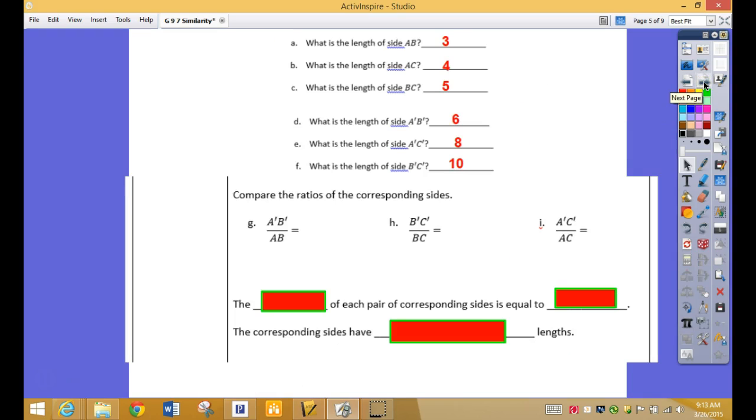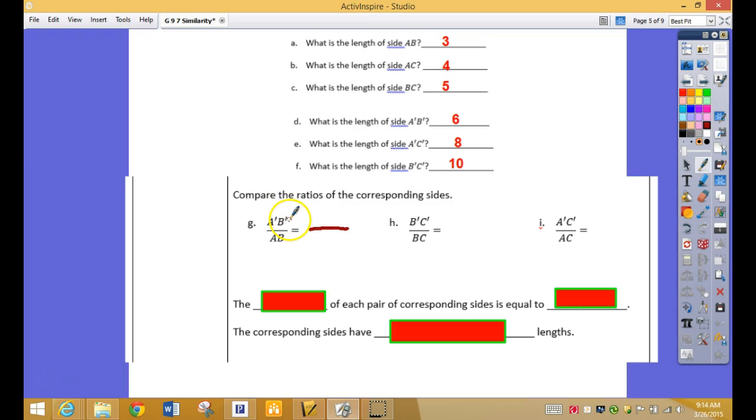Now, these are the numbers that we just figured out. Let's compare the ratios. Ratios, you have to make a fraction, comparing two numbers. Compare the ratios of the corresponding sides. So what are the ratios for the sides AB prime to AB? So the new image to the original.